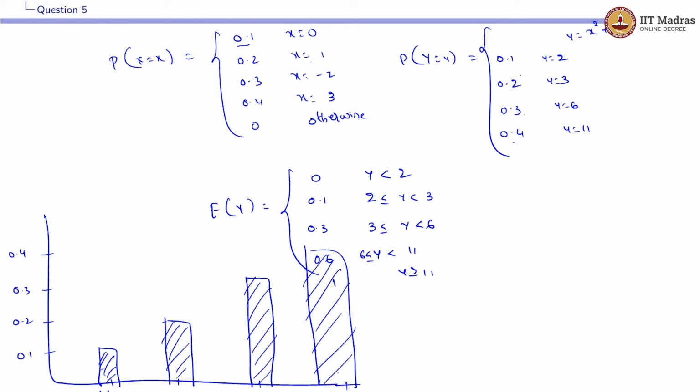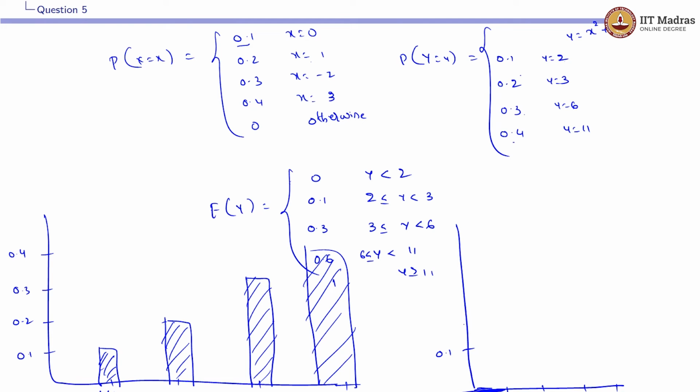And we need to plot the CDF too. For that, let's take the same values 2, 3, 6, 11. These were the boundary conditions. So until it is less than 2, the cumulative probability would be equal to 0. And once it is equal to 2, it would be 0.1.